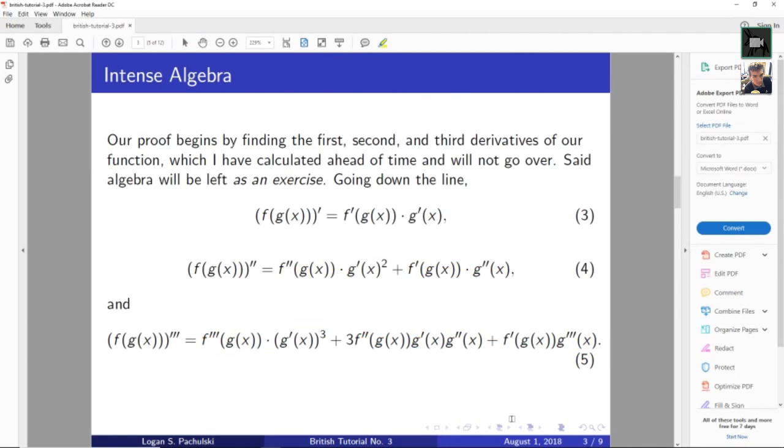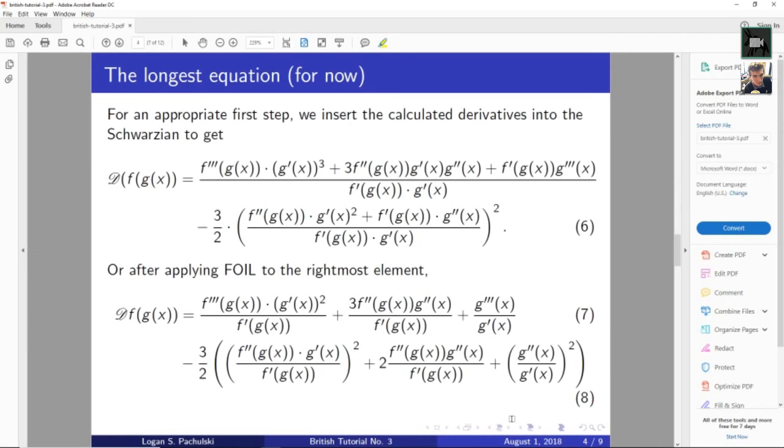We can now continue with our known definitions. We're going to insert this into the Schwarzian, and it's going to get very ugly, as you can see by the multiple lines.